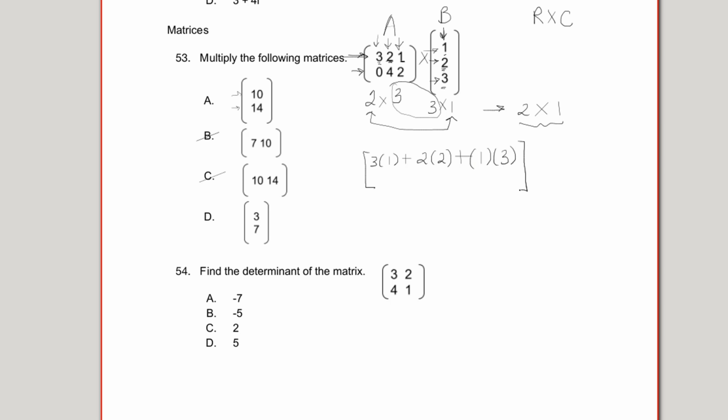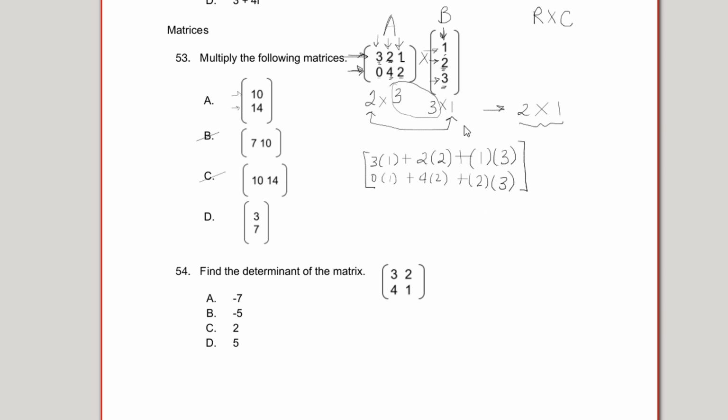And then we can close out. And now we're going to do row 2 by column 1, which is 0 times 1, plus 4 times 2, plus 2 times 3. This just takes a little bit of practice getting your entries in the matrix set up so that you can do that.